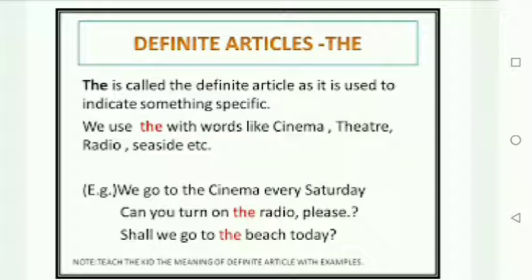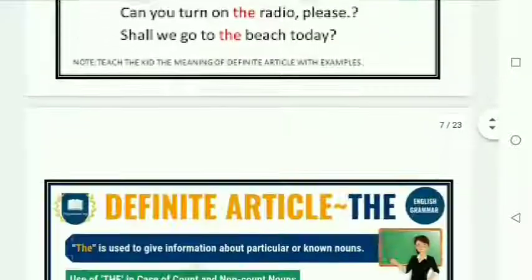For example, we use the with words like cinema, theater, radio, seaside, etc. Here you can see the example: Can you turn on the radio, please? I am talking about what specifically you have to turn on. That is why I am using the in front of the noun radio. So, this is how we can define the definite article.